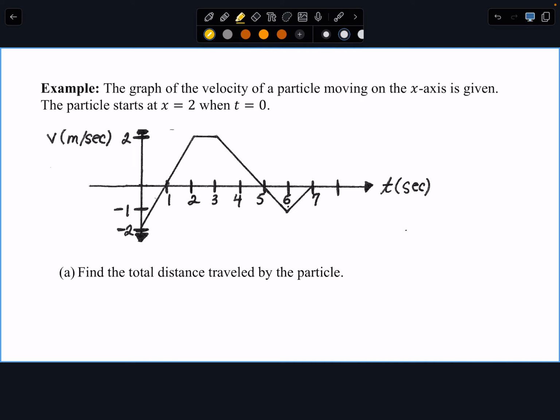Yes, RG. Well, let's think about it. If we calculated the integral of velocity, right? Like conceptually thinking about what that would represent, like if we integrated from 0 to 7 v of t dt, wouldn't that be taking this negative area plus this positive area plus this negative area?